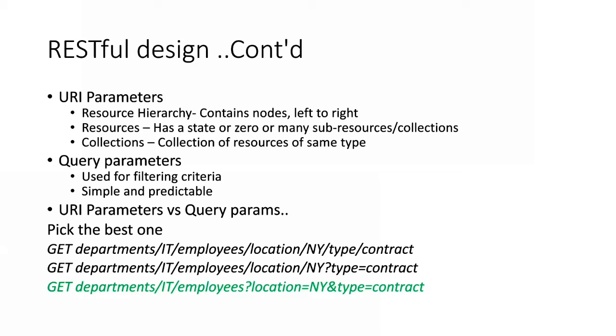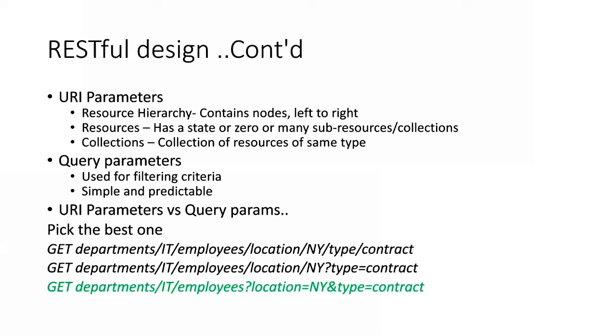Then you have the concept of resources. For example, we have departments, IT, and employees. Here, all of those are collections, but if you have an employee API, which denotes a single resource, then, for instance, if we have a company before this, that would be a single resource.